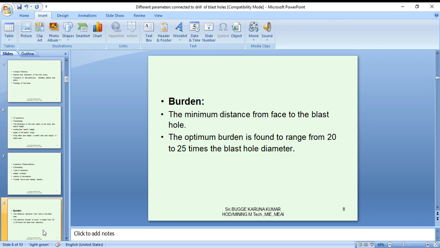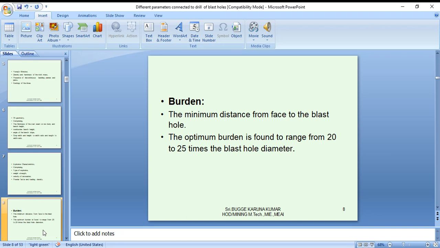And burden is also one of the factors for drill hole parameters. The minimum distance from the face to the blast hole, the optimum burden, would range from 20 to 25 times the hole diameter. For example, if the hole diameter is 300, how much burden are you putting? 300 into 20 to 25 times.